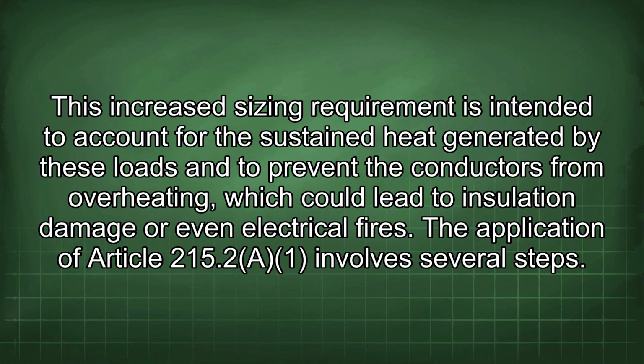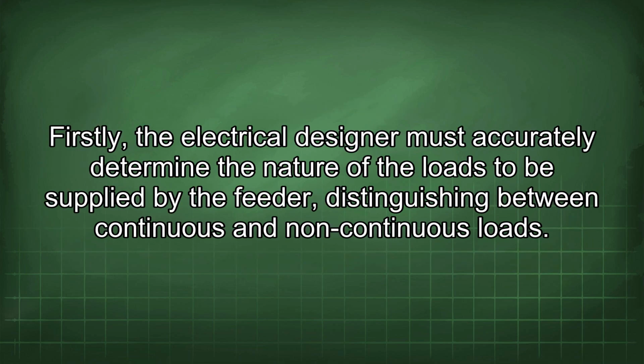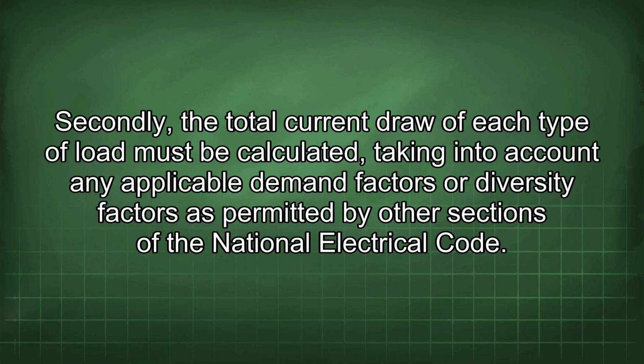The application of Article 215.2a involves several steps. Firstly, the electrical designer must accurately determine the nature of the loads to be supplied by the feeder, distinguishing between continuous and non-continuous loads. Secondly, the total current draw of each type of load must be calculated, taking into account any applicable demand factors or diversity factors as permitted by other sections of the National Electrical Code.